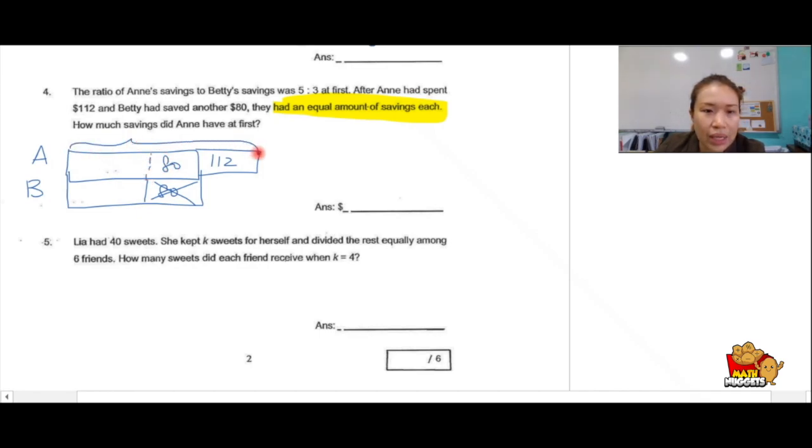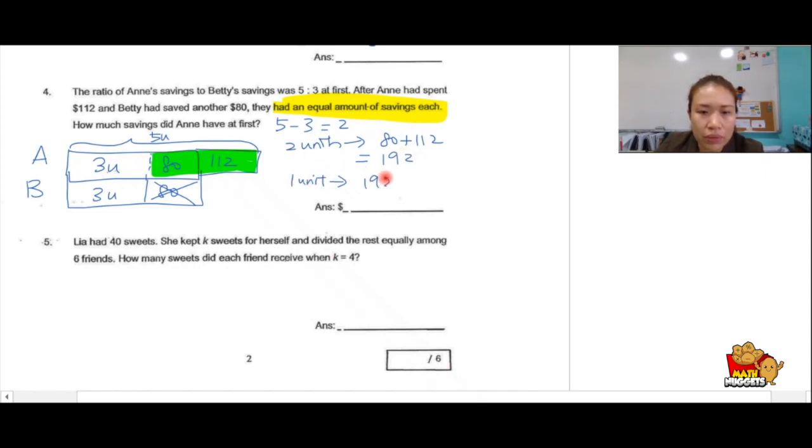At the beginning, N had 5 units. And at the beginning, Betty had 3 units. So this is 3 units, and one on top here is 3 units as well. This means that 80 plus 112 will give us 2 units. 5 minus 3 is 2 units. So 2 units would be 80 plus 112, which is 192.